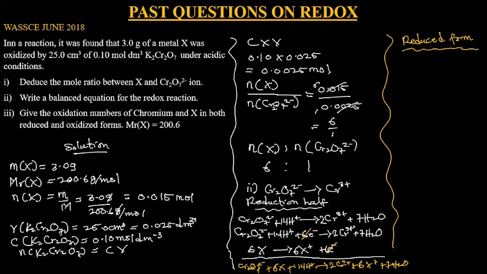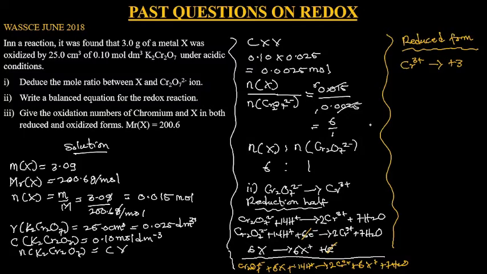So for chromium 3+, the oxidation number is going to be plus 3, in the reduced form.